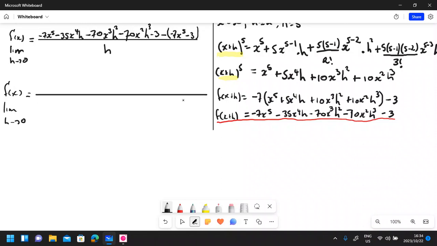Let's stop here. Okay, now unfortunately for f of x plus h, we have to rewrite it as it is, because nothing is being affected here, only the one inside the bracket is going to be affected.